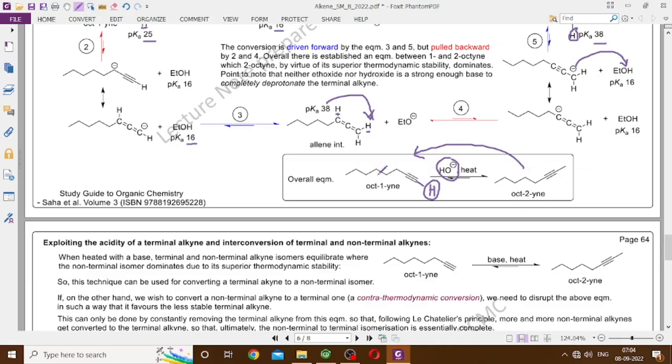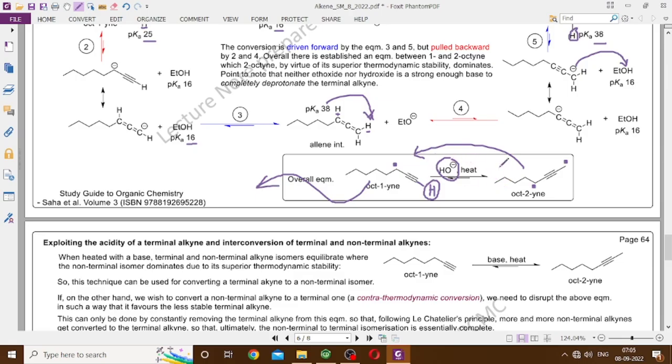So if there is an equilibrium between those two and you are using a particular base which has the capacity of deprotonating this terminal alkyne completely from this hydrogen but not these hydrogens, so it's strong enough to completely deprotonate that portion of the molecule but not these things, then you have a situation where in this equilibrium the terminal alkyne is getting consumed and driven away from the equilibrium.